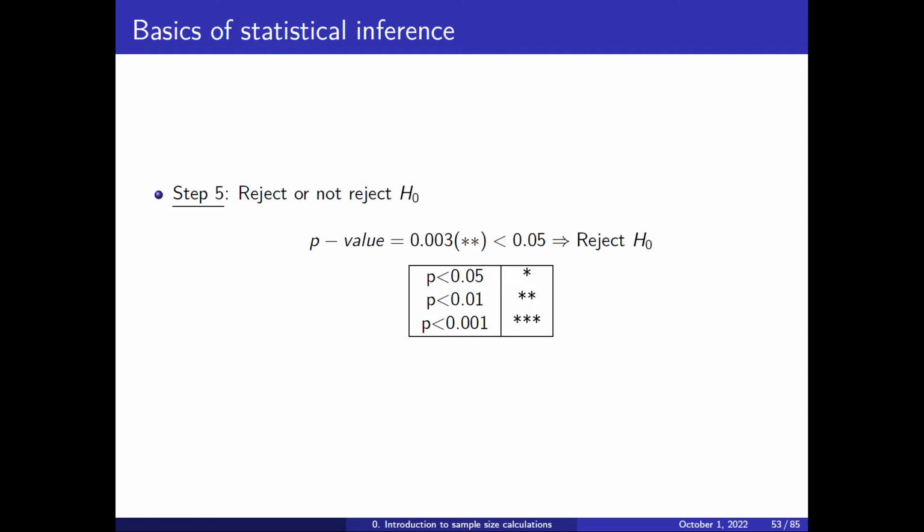In biomedical sciences, we use multiple thresholds at the same time: 5%, 1%, 0.1%, and you put stars. If it is smaller than 5%, you put 1 star. If it is smaller than 1%, you put 2 stars, and if it is smaller than 0.1%, 3 stars. Our value is somewhere in between, so you get only 2 stars.